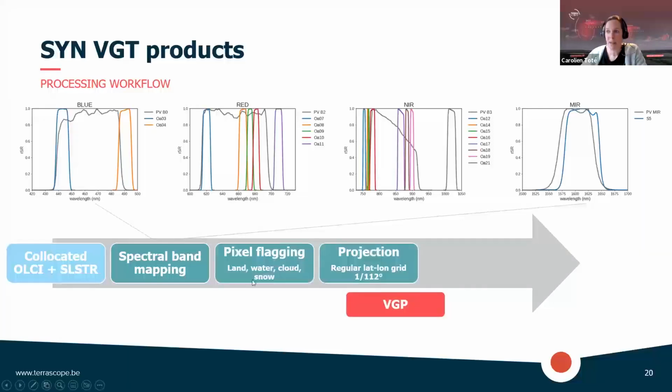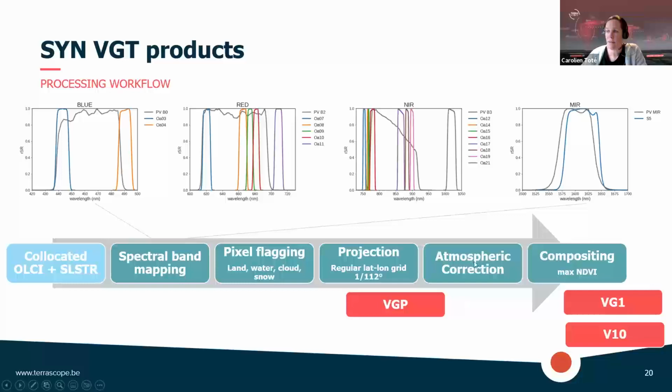Then there is pixel flagging, so classification of pixels as land, water, cloud, snow, and so on. And there is projection to a regular lat-long grid. At this point, the VGP products are outputted. Next, there is the atmospheric correction and the compositing step, and this yields the daily and 10-daily composite products.